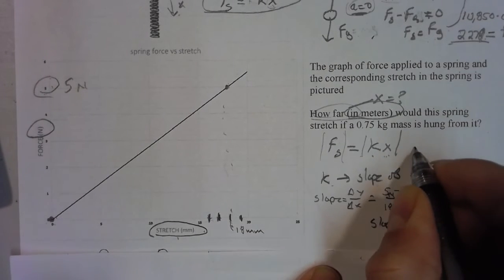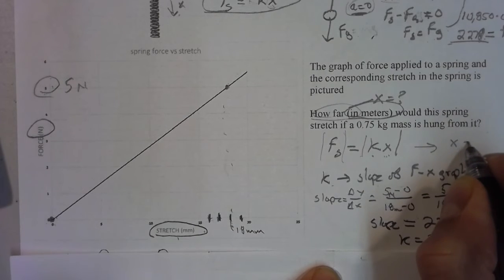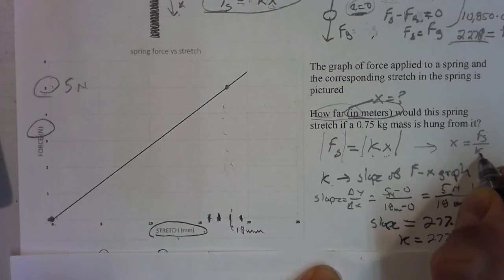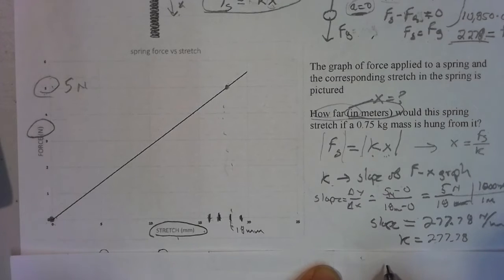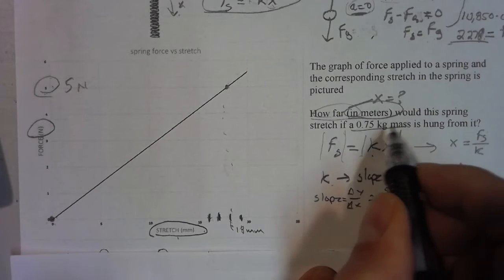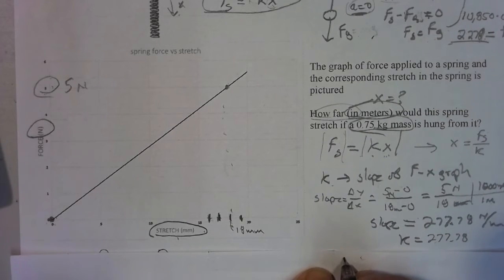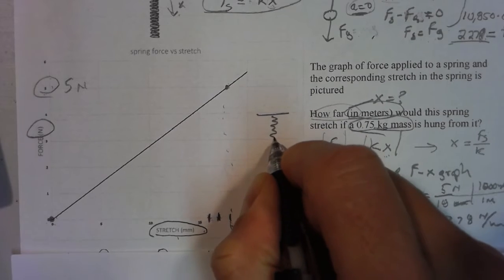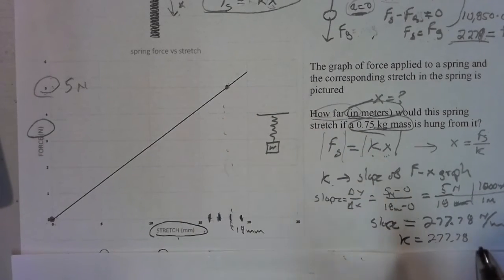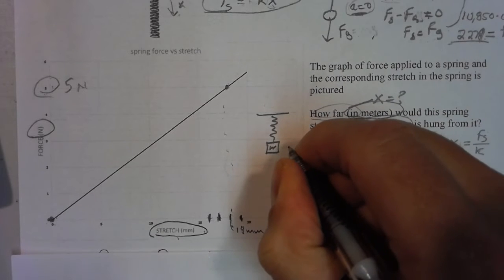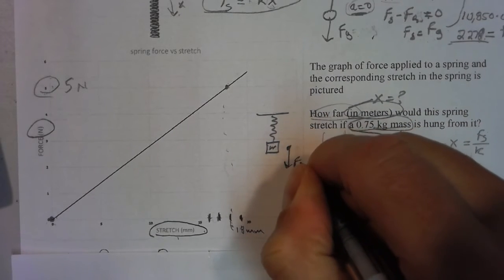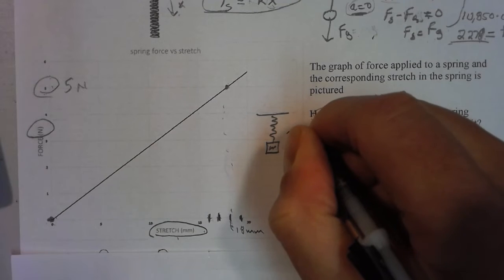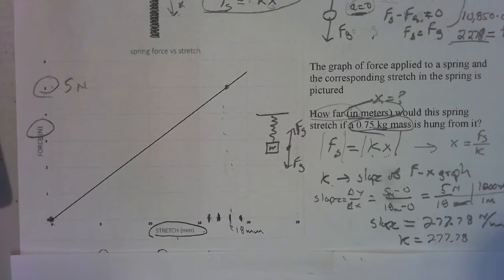So to find X, rearranging this equation up here, I get that the stretch is equal to the spring force over K. Well, what's the spring force? It tells me mass. Well, when we hang a mass from a spring, draw it right here, if we have a spring and a mass hanging on it, this has gravity pulling it down and the spring holding it up.